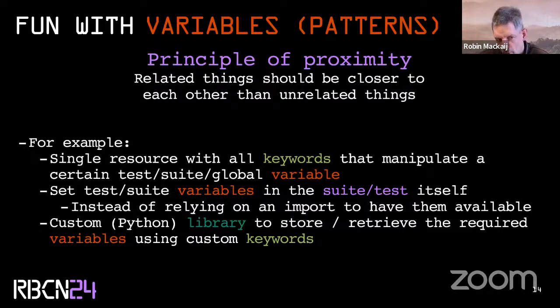Now, like what we were also discussing, the situation where you have a test variable because you have to generate something unique, and then deep down in technical keywords need them, then a library like this could also be a solution.